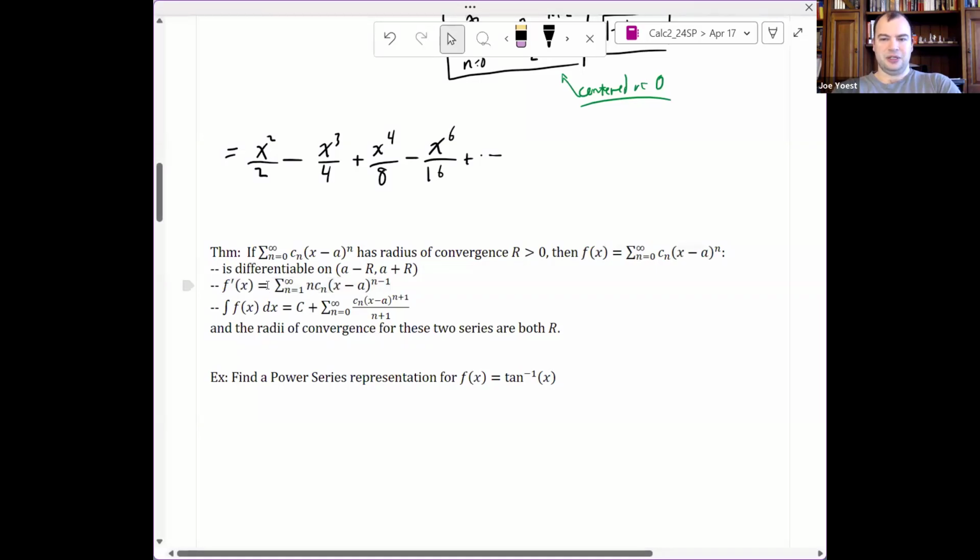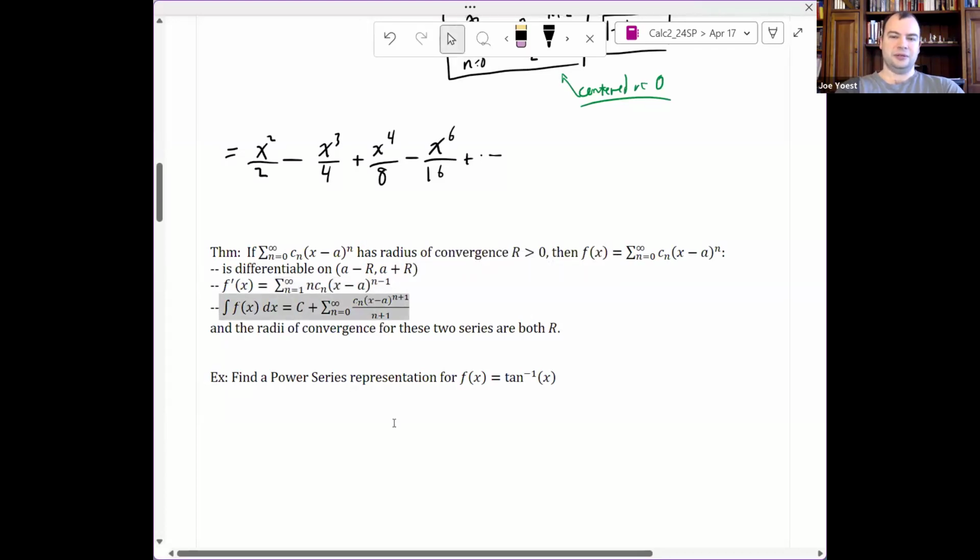Remember, this isn't something that's a given. We could differentiate a partial sum term by term, no problem. But a power series, we know that as soon as we start taking a summation of infinitely many terms, we have to be very, very careful with what we do inside the series. And we have a theorem now telling us that we can differentiate term by term under the summation sign or inside the series.